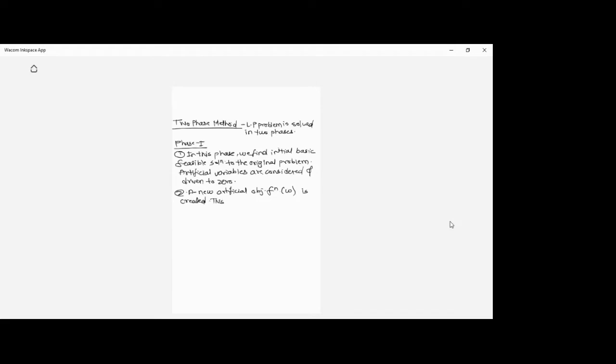This new artificial objective function is then minimized, right? So irrespective of whether the given original objective function is maximization or minimization, this new artificial function is always to be minimized only, right?